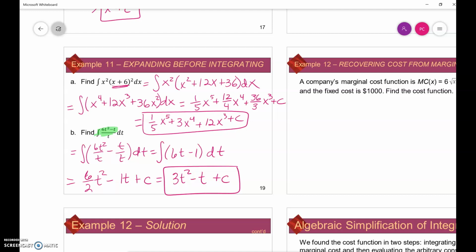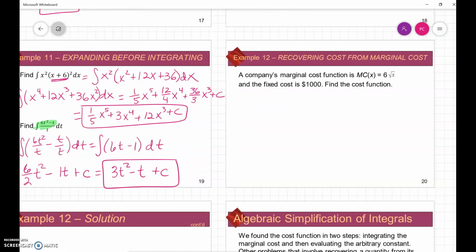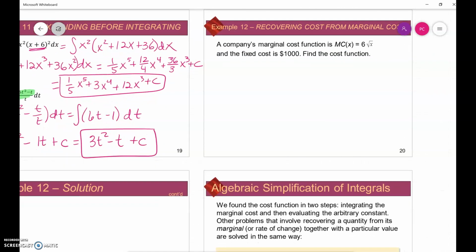All right, let's try an example, like an application. All right, so a company's marginal cost function is MC of x equals 6 times the square root of x. And the fixed cost is $1,000. We need to find the cost function.